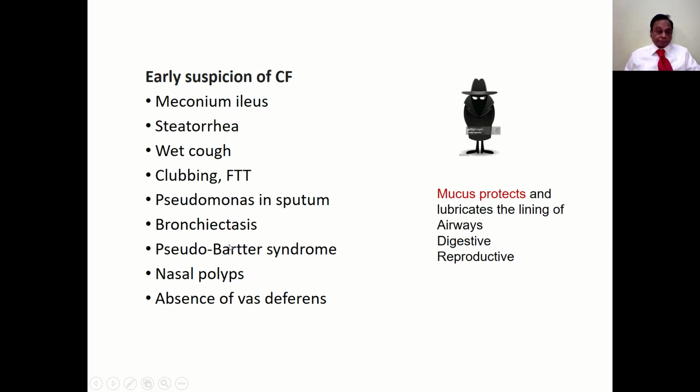You all know Bartter syndrome. It is a renal condition. It's also an autosomal recessive problem where there is a defect in the absorption of sodium, chloride, potassium, like that and all. Any child presenting with these, you have to strongly suspect cystic fibrosis to be ruled out.